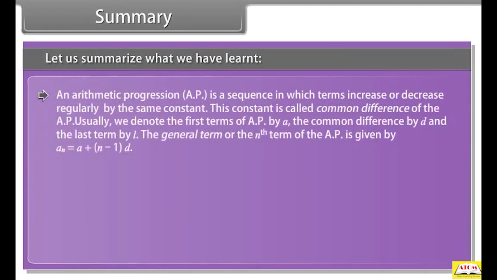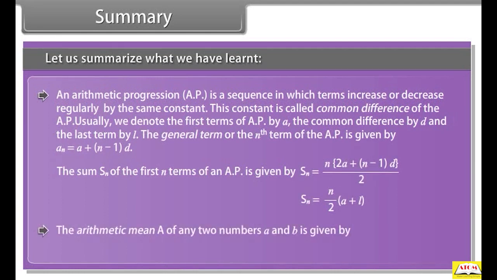An arithmetic progression, AP, is a sequence in which terms increase or decrease regularly by the same constant. This constant is called the common difference of the AP. Usually we denote the first term of an AP by A, the common difference by D, and the last term by L. The general term or the nth term of the AP is given by a formula, and the sum Sn of the first n terms of an AP is given by a formula.